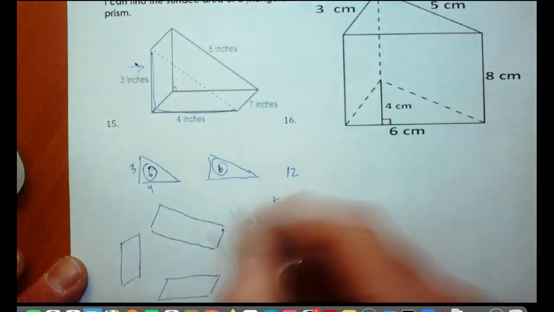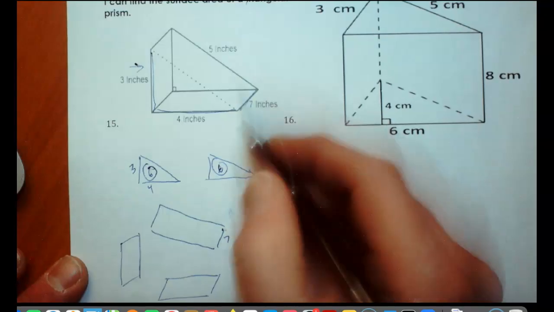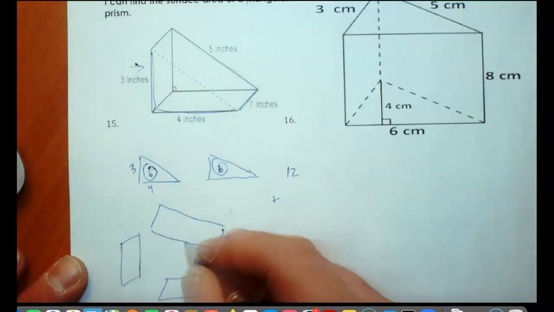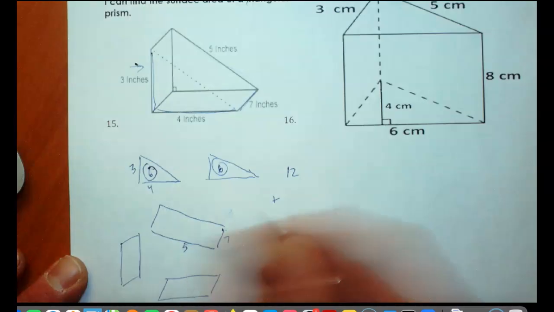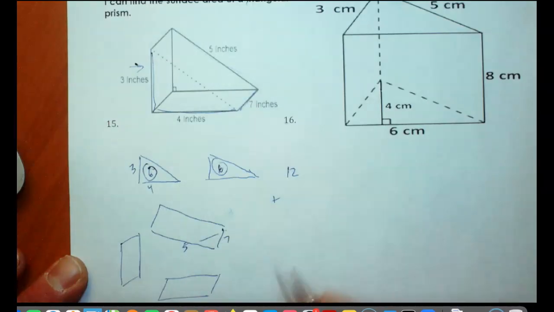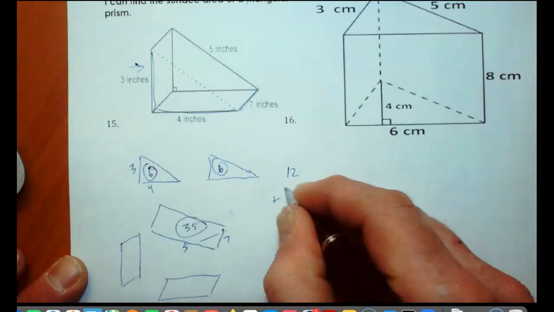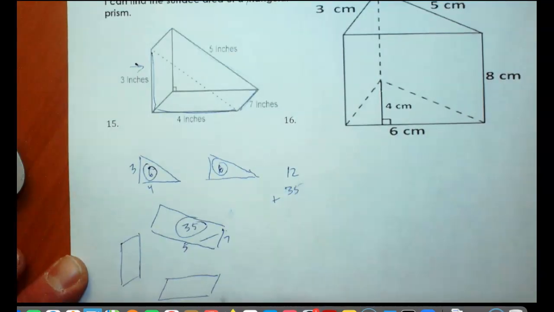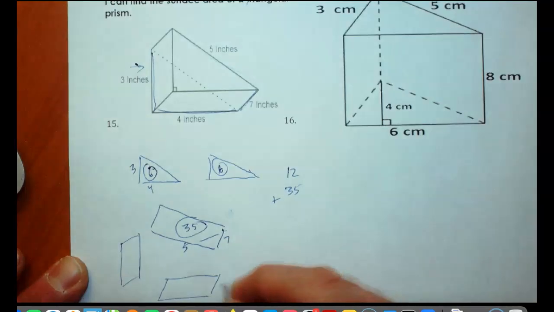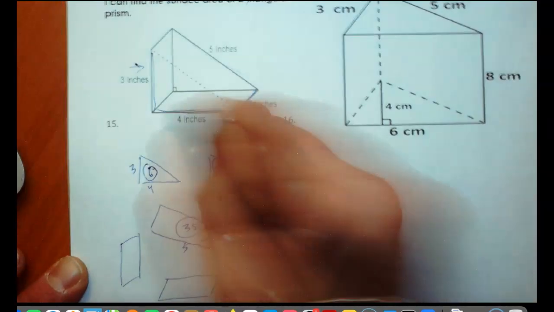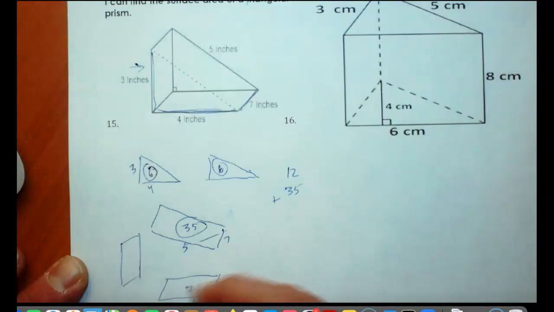Well, the top is 7 inches this way, and it's 5 inches this way. This drawing is not proportional. Well, that would be 35. 7 times 5 is 35, so I can put that over there to add in. The bottom is still 7, but it's 4 inches, so that's going to be 7 times 4, that's 28.